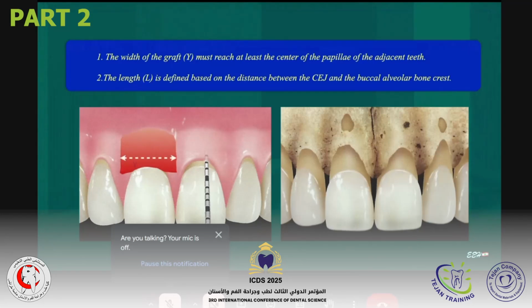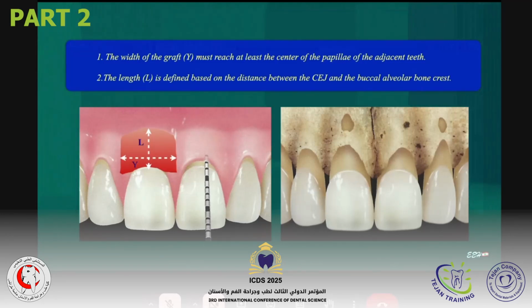So we know in the natural tooth, the width of the graft is very important because it must reach at least the center of the papilla of the adjacent teeth, and the length is defined based on the distance between the CEJ and the buccal alveolar bone crest.